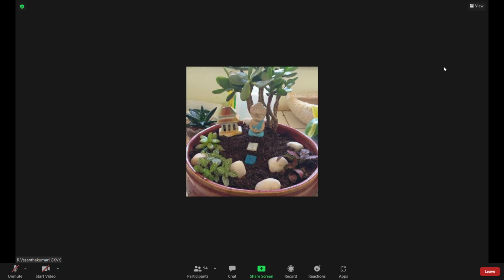The functions of the flywheel: number one, it stores energy during the power stroke and supplies the same during idle strokes. What are the idle strokes? The strokes other than the power stroke are called idle strokes.